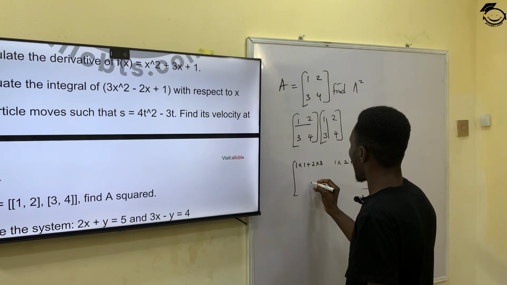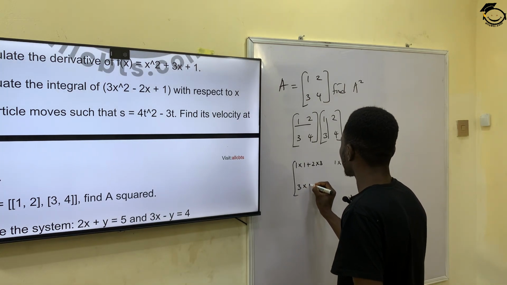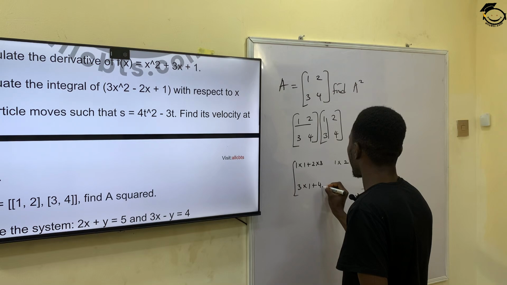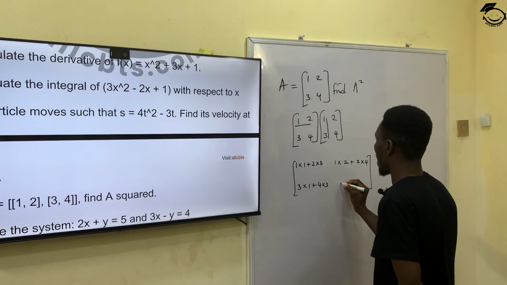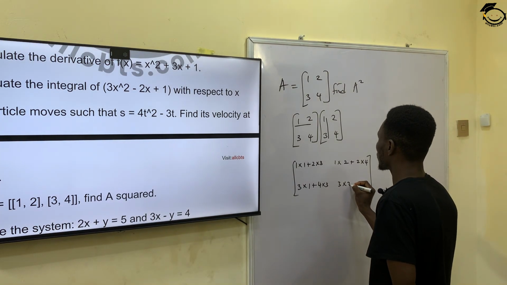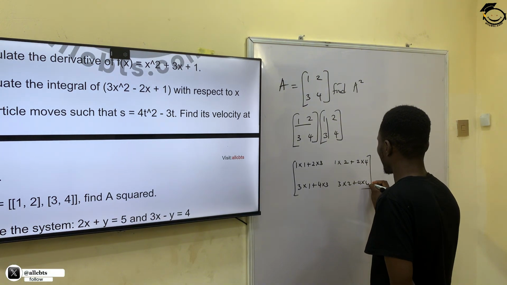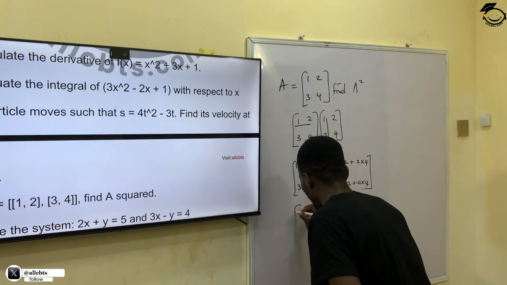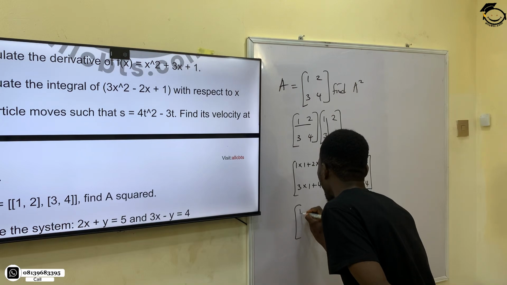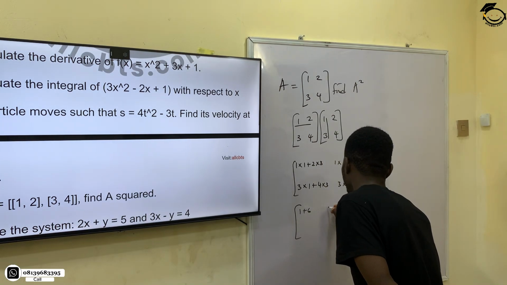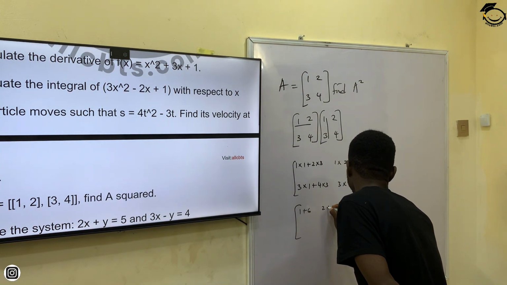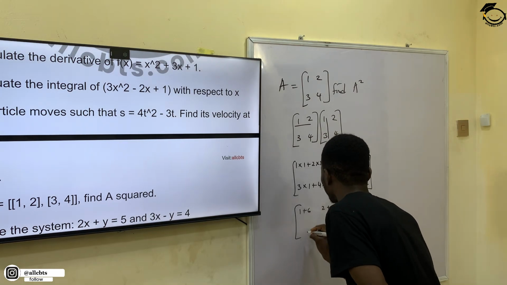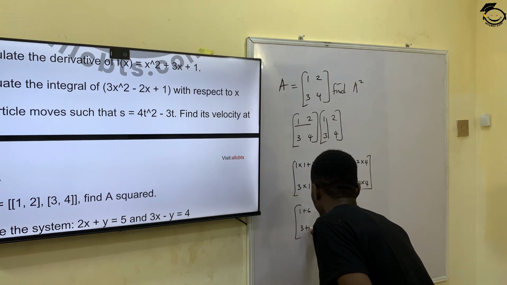Then on the other side, I have 3 times 1 plus 4 times 3. And here I have 3 times 2 plus 4 times 4. So at the end of the day, this is what I'll be having. 1 plus 6. Then I have 2 plus 8. And here I have 3 plus 12.